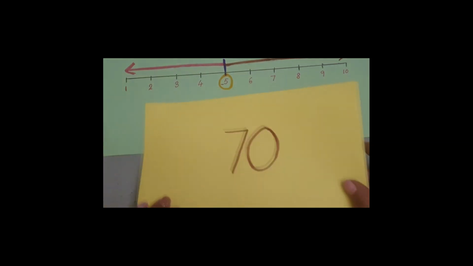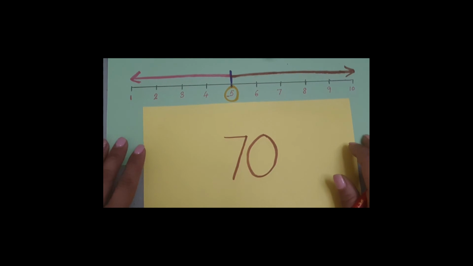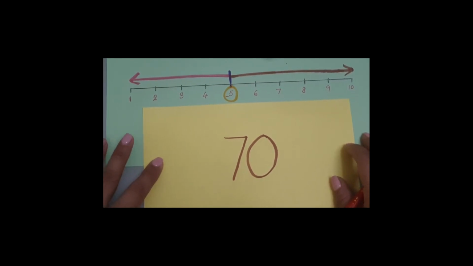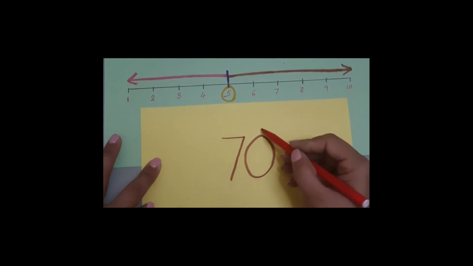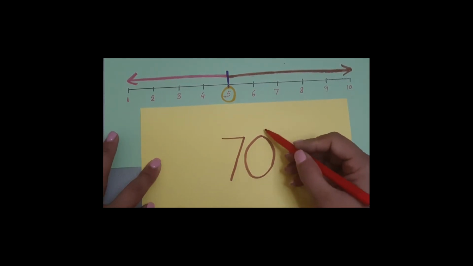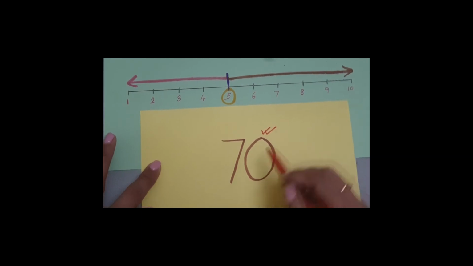Now 70. This is a little tricky, children. It's 70. When we round to tens, our ones place is always 0. If you go to the previous examples, you will see that the number at ones place, when we have rounded it off, is always 0.